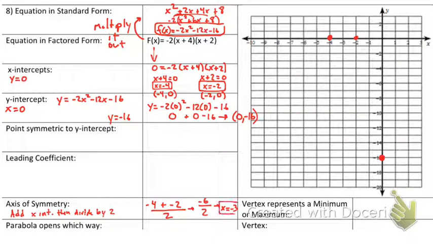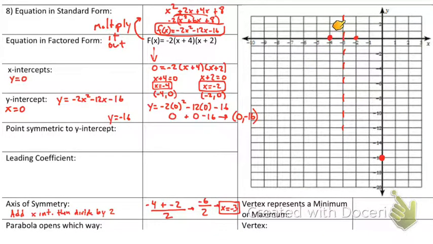Okay, so here's my axis of symmetry. Again, it is x equal to negative 3 because it's a vertical line, and that's how we write vertical lines. So I'm going to draw that in with a dotted line. So axis of symmetry is going through x negative 3. So again, here's my axis of symmetry.